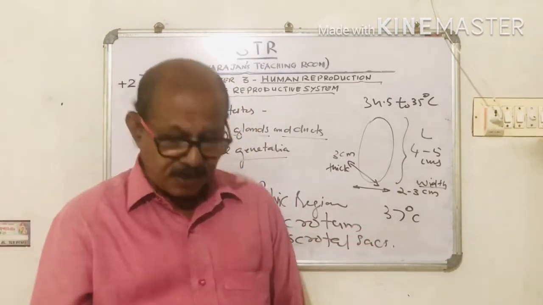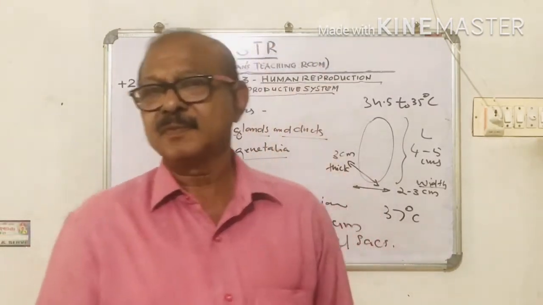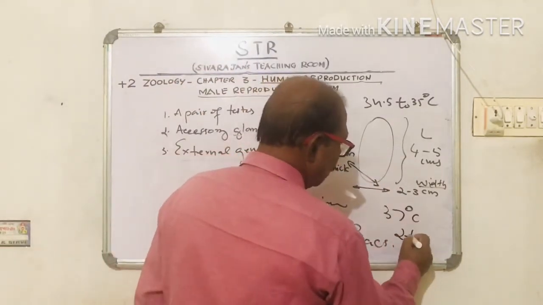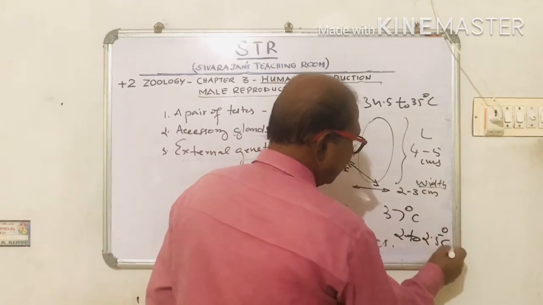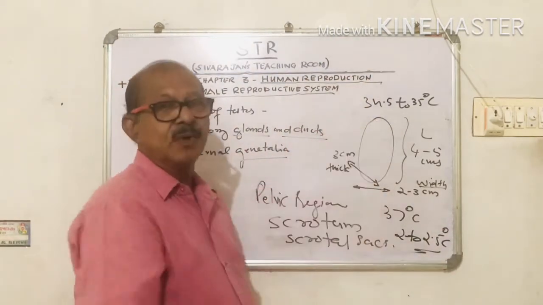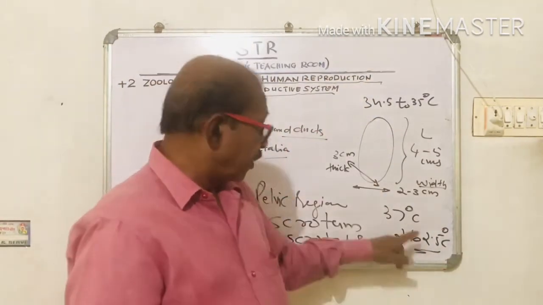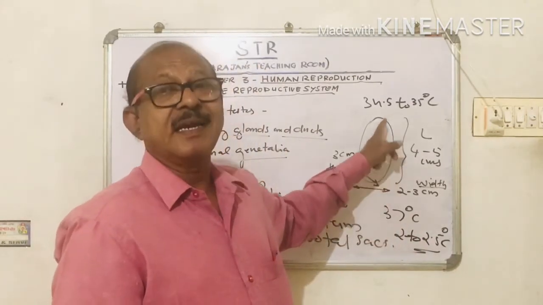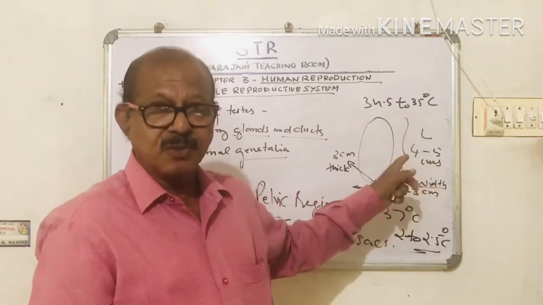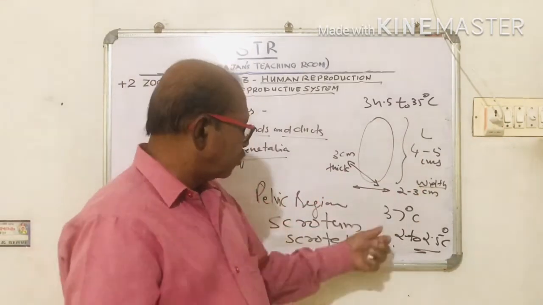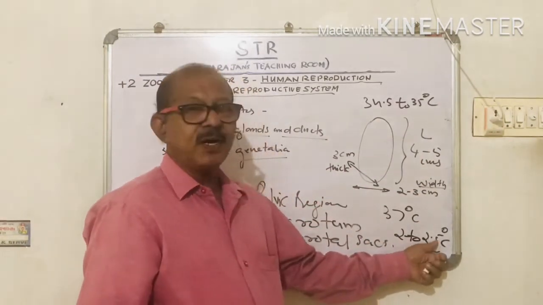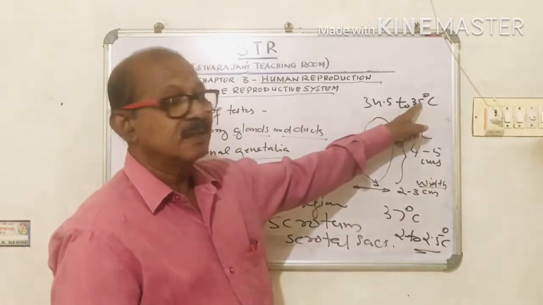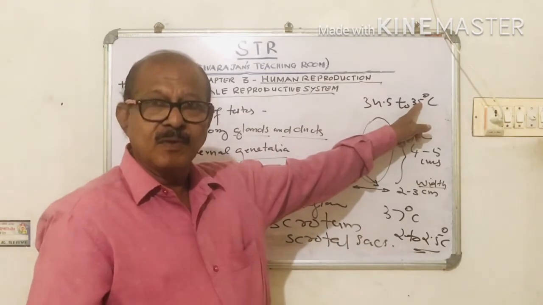The testis can function in a healthy condition and produce sperms only at a temperature 2 to 2.5 degrees below the body temperature, that is 34.5 to 35 degrees centigrade.